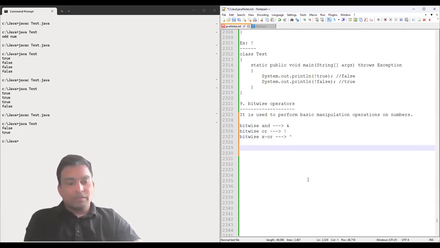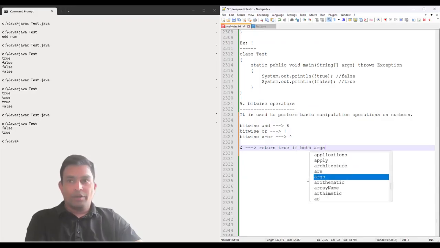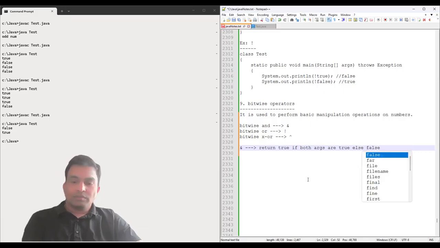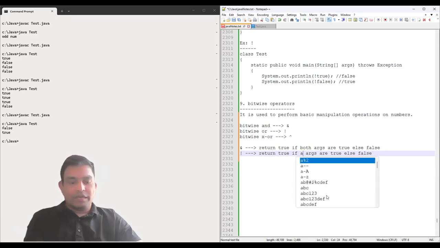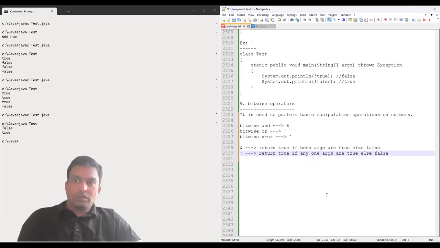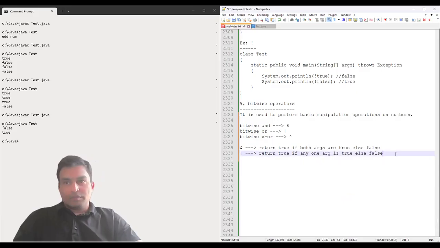So bitwise and returns true if both arguments are true, else false. Now bitwise or will return true if any one argument is true, else false.